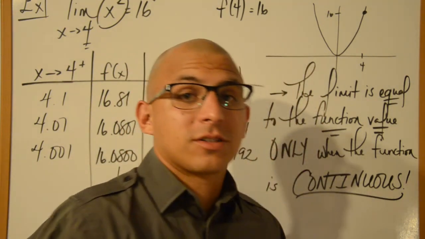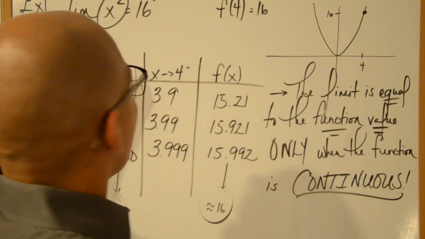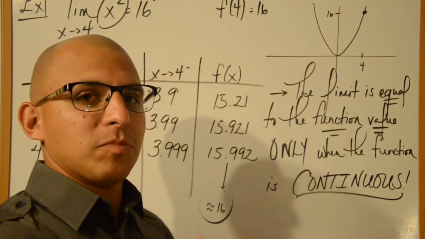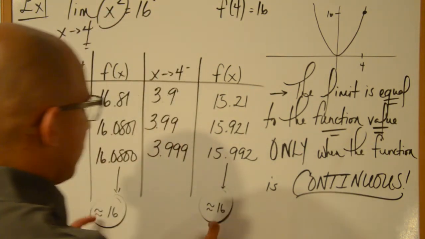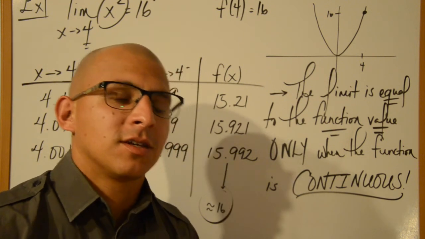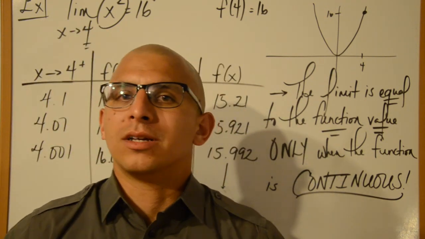If the function isn't continuous, then this automatic substitution that you'll come to learn about is useless. Hence, the numerical and graphical investigation of limits. That's where we're going to take a 30-second pause and we'll pick up our next video with one-sided limits.